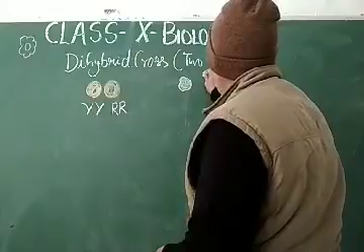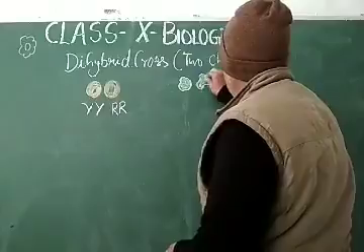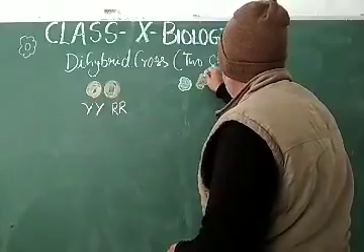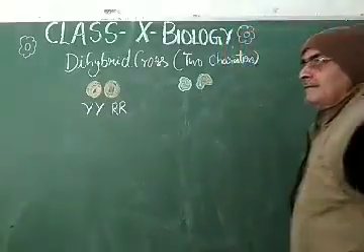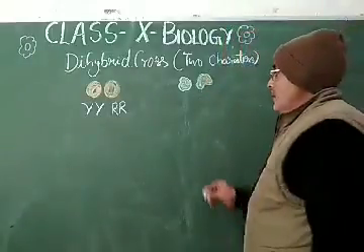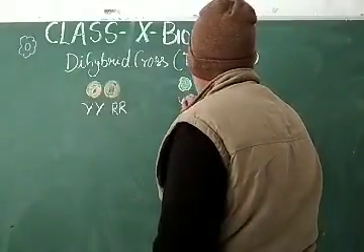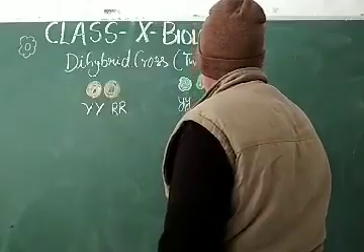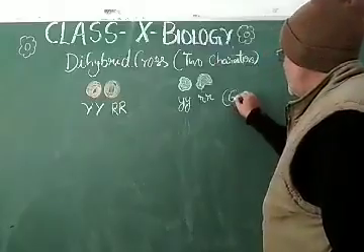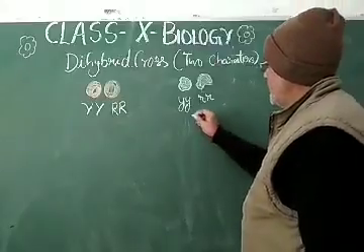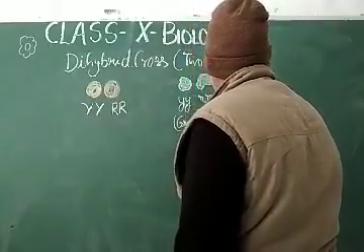So he took another type of plant having recessive characters, and the seed was green and wrinkled, expressed in the form of genotype as small y and small r. This is for green, and this is for wrinkled.